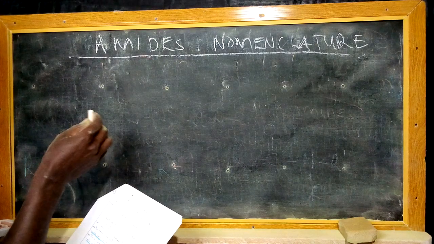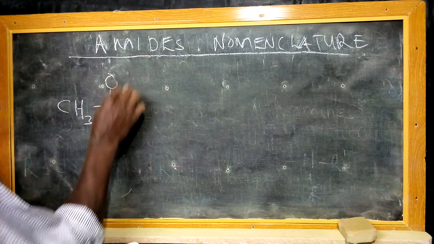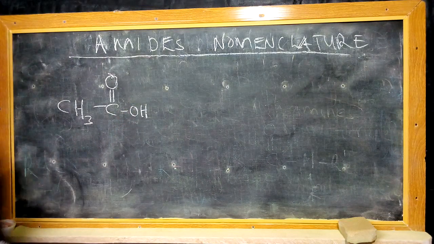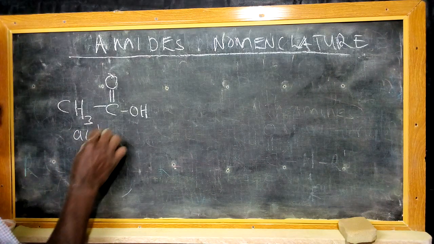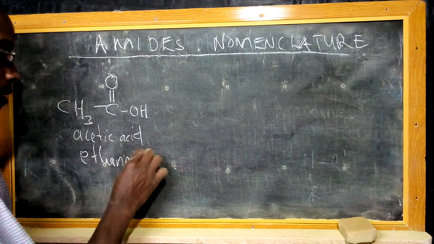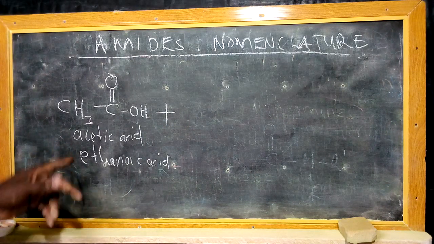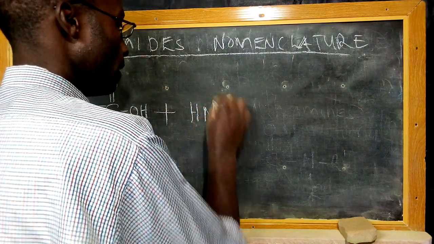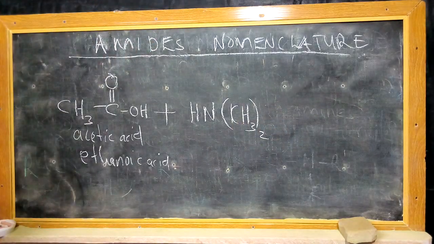So we shall have acetic acid, or it can be referred to as ethanoic acid. So this is acetic or ethanoic acid, an organic acid, and we add an amine. So we shall have this amine, CH3-NH-CH3.